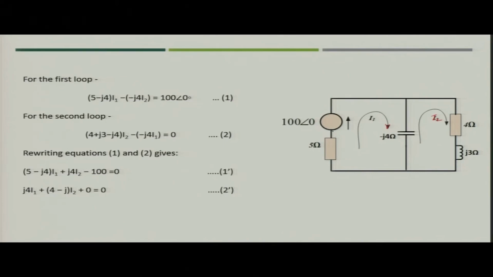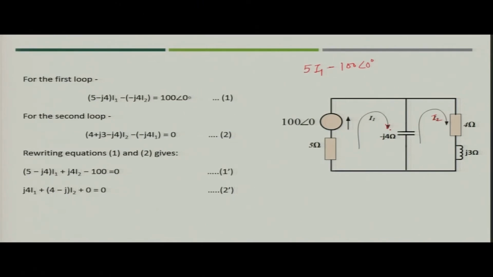So, we start with the 5 ohm resistance. Since the current is flowing in 5 ohm, you can simply write 5 into I1. Then you are going from the lower voltage level to the upper voltage level in the voltage source, so you will simply write 100 angle 0 degree for this.